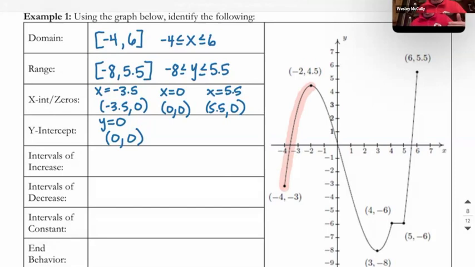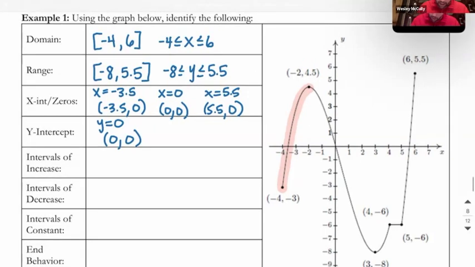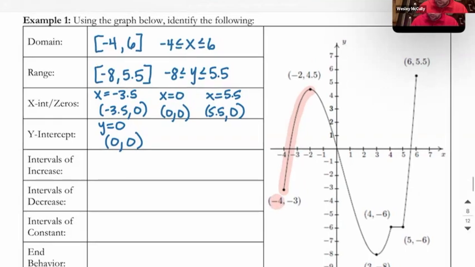So it is increasing on that interval. What's really important when you do an interval of increase, decrease, or constant is to use the x values for that interval. So my interval of increase starts at -4 and goes to -2.